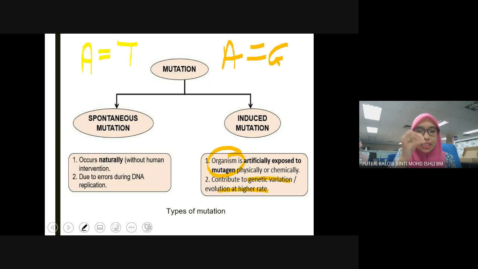Okay, maksudnya kita yang pergi, contoh kita nak pergi X-ray. Okay, nak masuk uni kita kena pergi buat medical check up. So kita kena buat X-ray. So X-ray tu adalah salah satu mutation. So kita dah expose kan, itu adalah induced mutation. Bukan berlaku secara spontan. Okay, so ada dua lah, spontaneous and induced mutation.